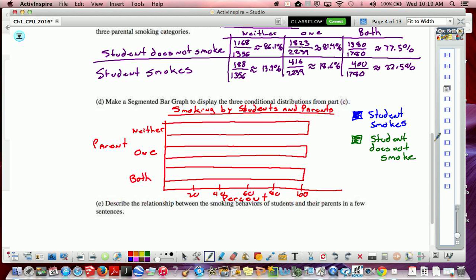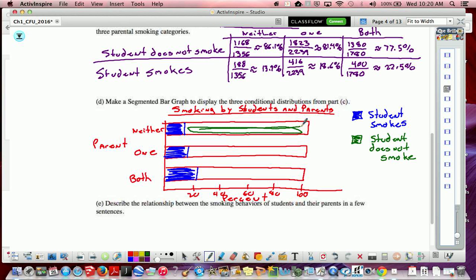So student smokes only 13.9%. So what I'll do is roughly estimate that. I'll color that in blue. And then it went up to 18.6%, a little bit more. And then even a little bit more, 22.5%. And a little bit more. So that student doesn't smoke is going to be in green.